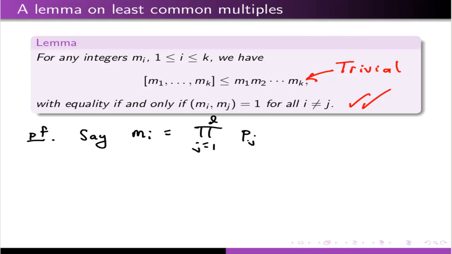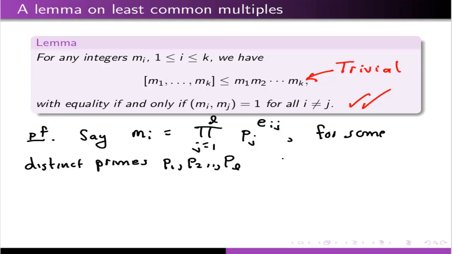So we're going to have the same primes, but different exponents, so I have to put a double subscript here, e_ij, for some distinct primes p_1, p_2 through p_L, and e_ij greater than or equal to 0, where i goes from 1 to k, accounting for the k different m_i, and j goes from 1 to L. So these m_i have prime power factorizations where I'm using the same primes.